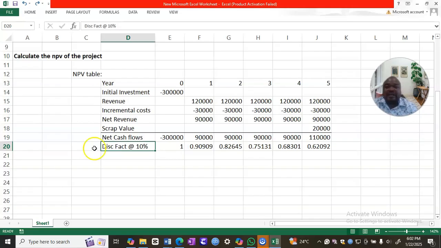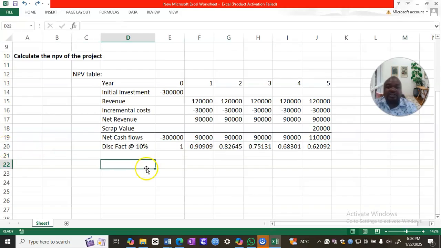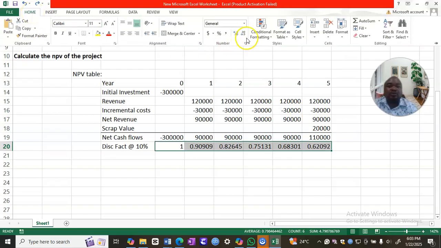So Excel will not respond to any instruction. So I need to choose cells which have got numbers. I need to tell Excel that it should adjust the decimals in the cells which have got figures.